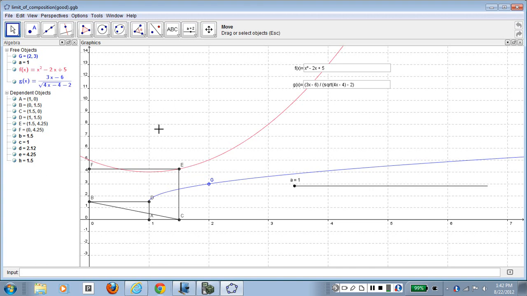So I'm going to have to give that a name, f of g of x. What's it going to call it? It's going to call it p. Well, that's nice. It actually does the composition there for us. So let's see what we've got there.